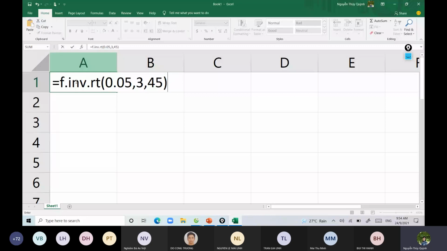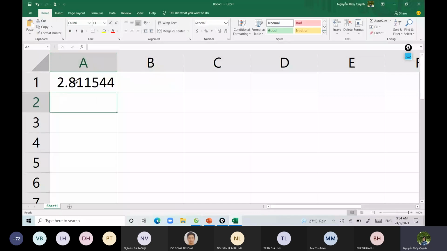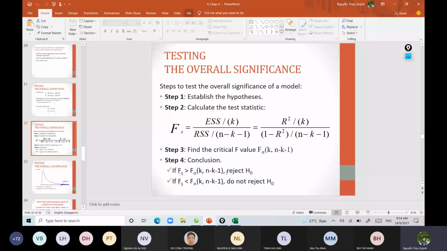Then we will have 2.812 as the critical value of F. That is how you can find the critical value of F in Excel. You can also find the critical value of F in the F distribution table.